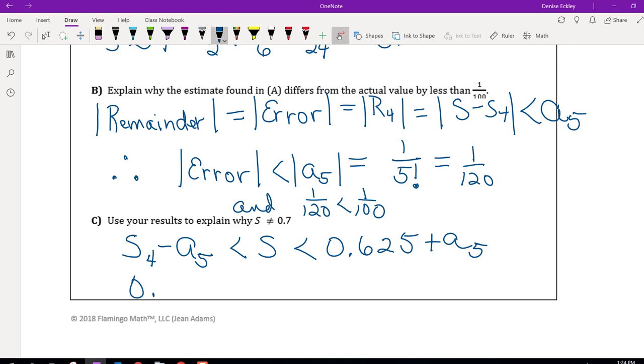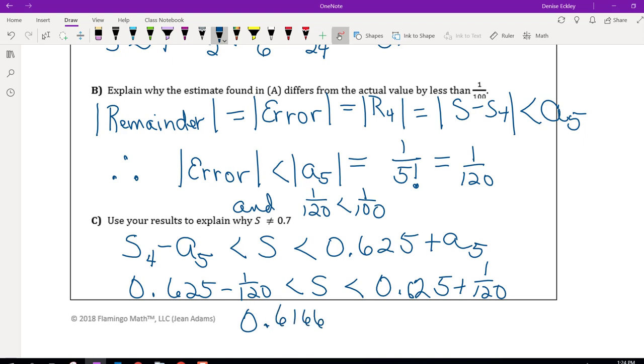So we have 0.625 minus 1/120, and that's got to be less than our sum, but our sum has got to be less than 0.625 plus 1/120. And when we do that, our numbers are going to be in decimal form. 0.61667 is less than S, and this is still bounded by a number that is smaller than 0.7. So S cannot equal 0.7.